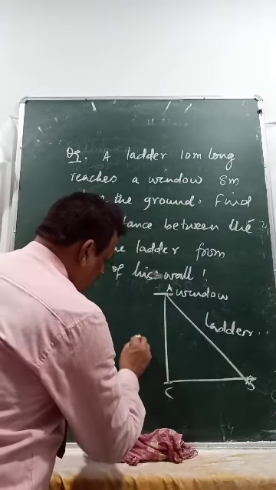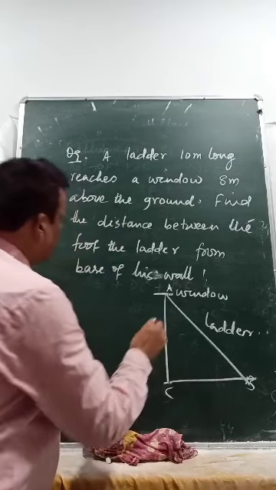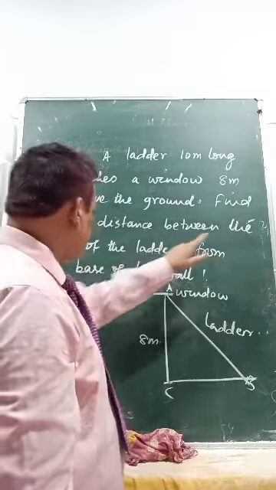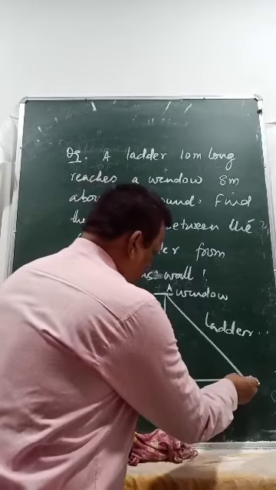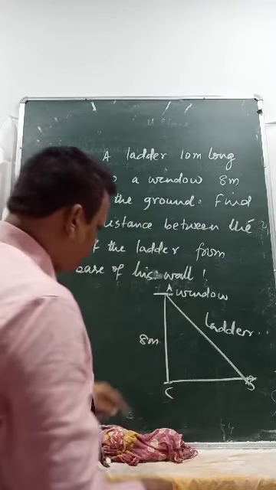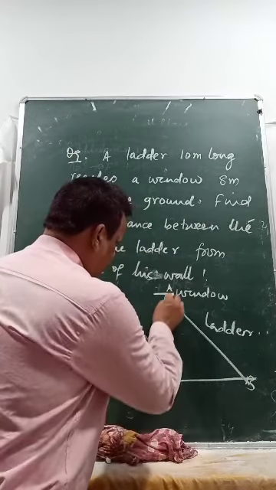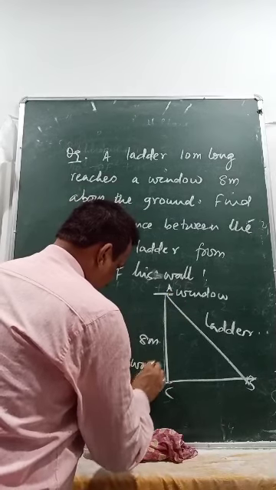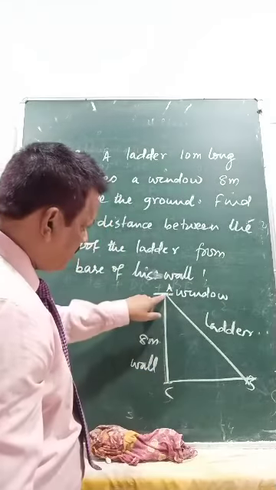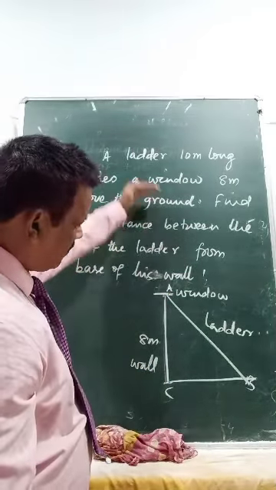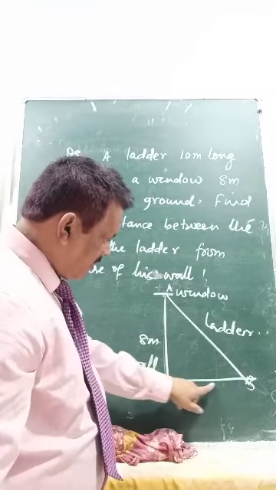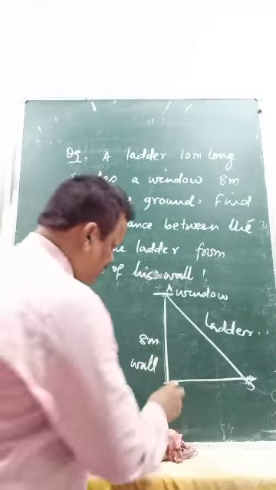This is your ground, 8 meter. This is your wall, and this is the point of the window. The window goes up. Then this distance you have to find out.